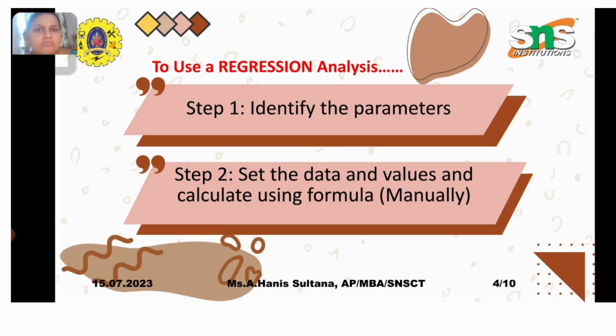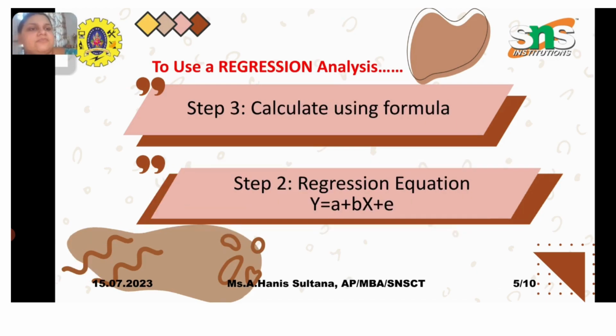I have given here the picture calculated in the system-generated output, that is SPSS. But when we calculate manually, we have a formula. This is the regression equation formula: Y equals a plus bx plus e.